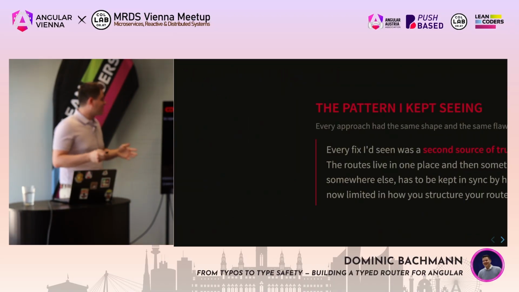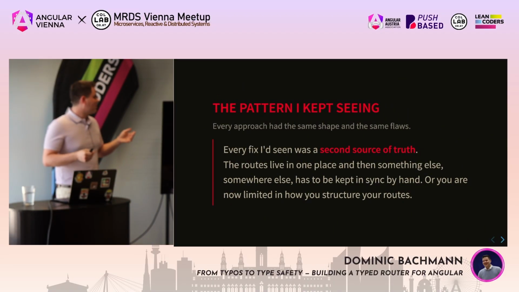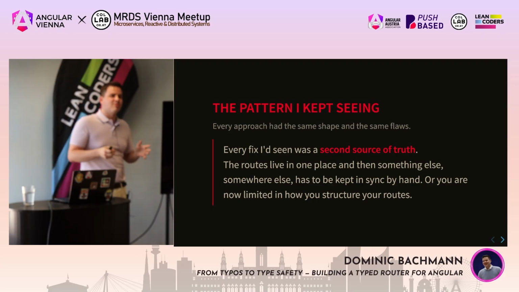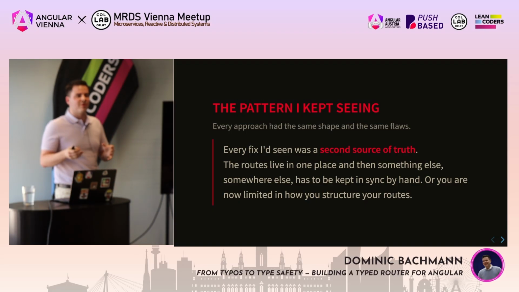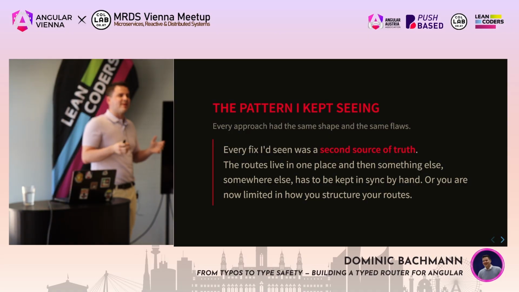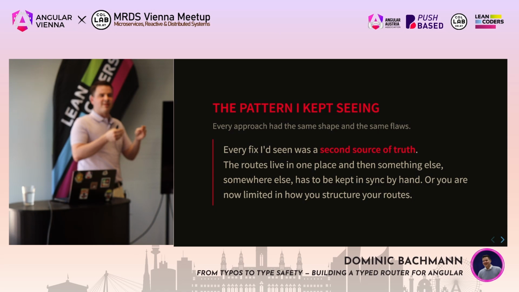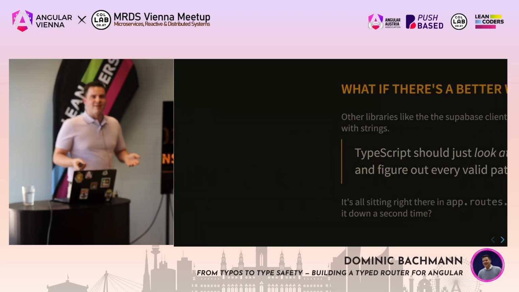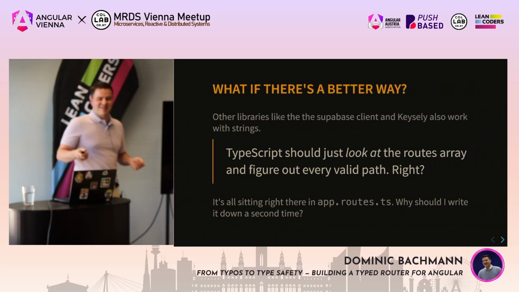So to summarize, the problem that I kept seeing was that every fix to this problem was a second source of truth, or it was very limiting in how you can, for example, define your routes. As I said, you cannot define it as a tree anymore, it's just flat. And I thought, hey, that can't be it.